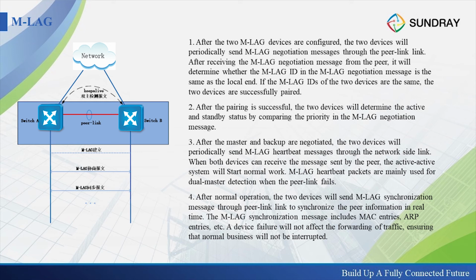After normal operation, the two devices will send MLAG synchronization messages through the peer link to synchronize the peer information in real time. The information includes the MAC entries, the ARP entries, etc. A device's failure will not affect the forwarding of the traffic, to ensure the normal business will not be interrupted.